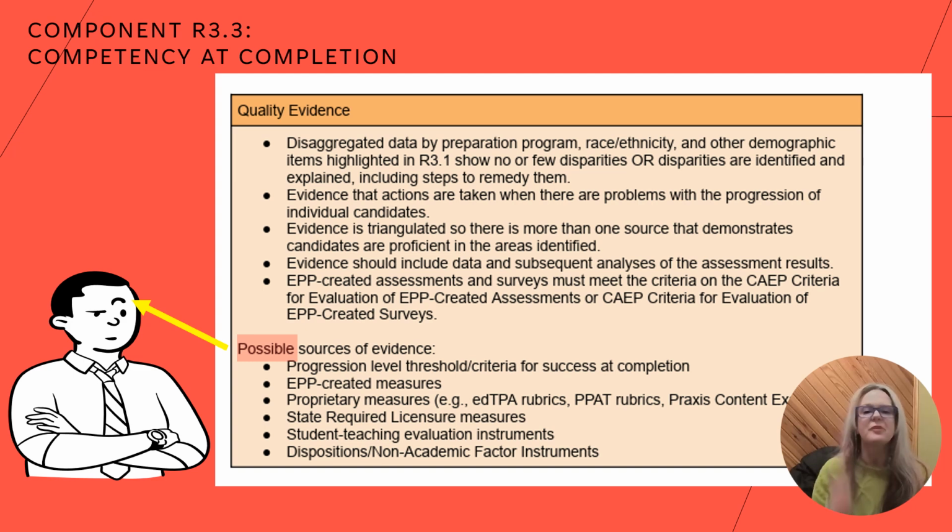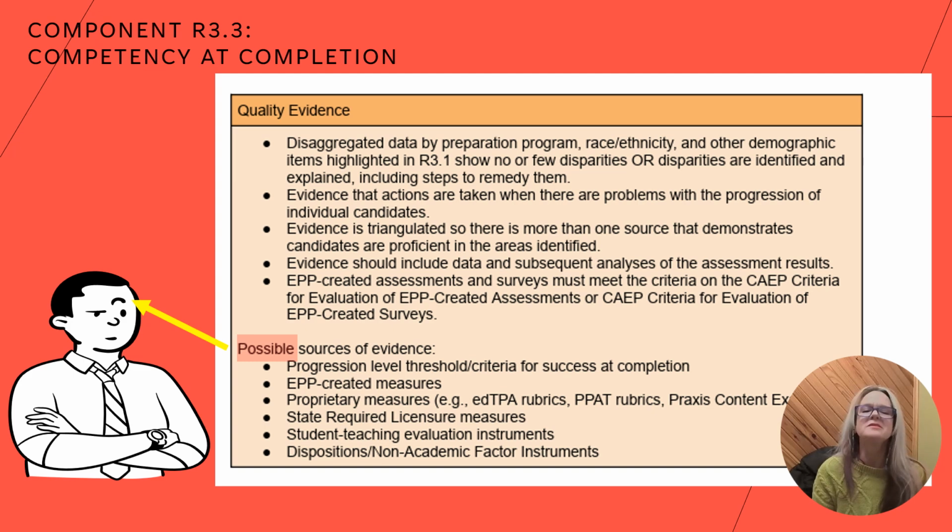The next thing you want to focus on is the quality evidence, which is on, I believe, page 33 of the workbook. So, component R 3.3. Quality evidence indicators are provided there. There shouldn't be any surprises based on the overall standard that we have previously reviewed, as well as the component.